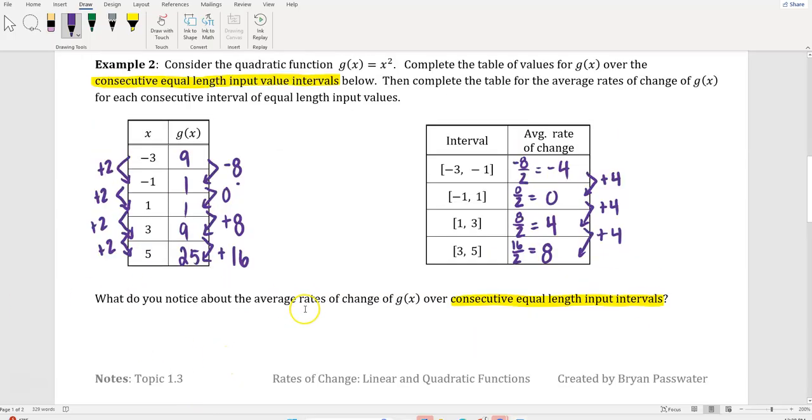Here where it says, what do you notice about the average rates of change of g of x over consecutive equal length input intervals?